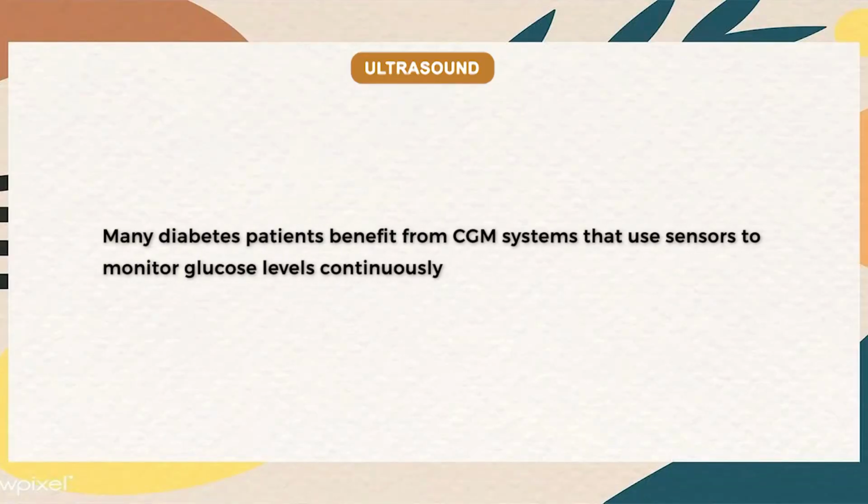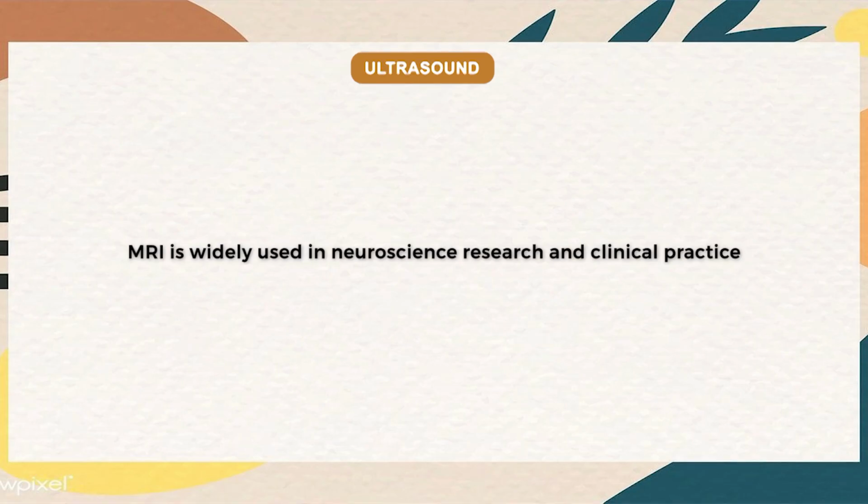Mainly diabetes patients benefit from CGM systems that use sensors to monitor glucose levels continuously. Magnetic resonance imaging in neuroimaging. MRI is widely used in neuroscience research and clinical practice.